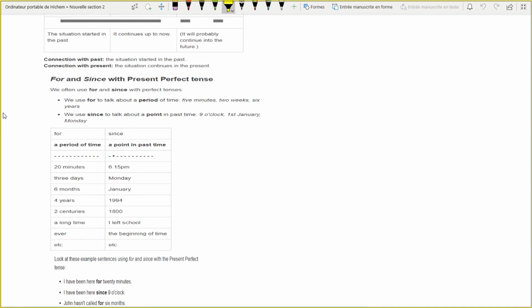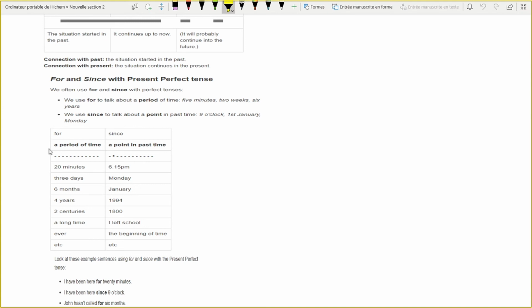Now we talk about for and since with the present perfect tense. We use for and since with perfect tenses very often. We use for to talk about a period of time, for instance, 5 minutes, 2 weeks, 6 years, a decade, a century, or something like that. And we use since to talk about a point in past time, for instance, 9 o'clock, 1st January, Monday, Tuesday, and so on.